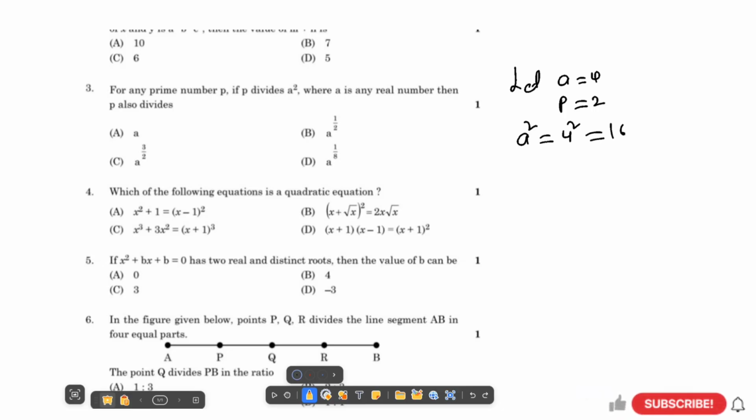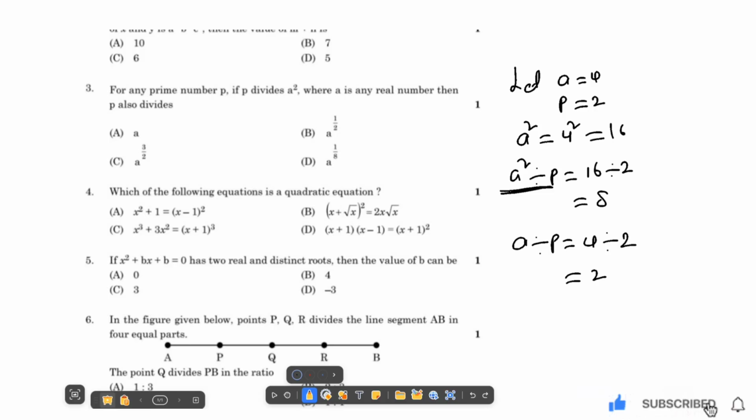That means this a square is divisible by p, means 16 is divisible by 2. When a square is divisible by p, then what about a divided by p? A is 4 divided by p is 2, which is equal to 2. That means if a square is divisible by p, then a is also divisible by p. So for that, option A is the right answer.